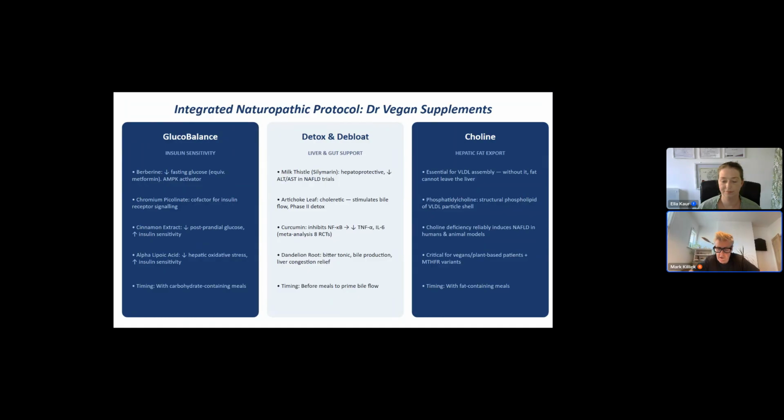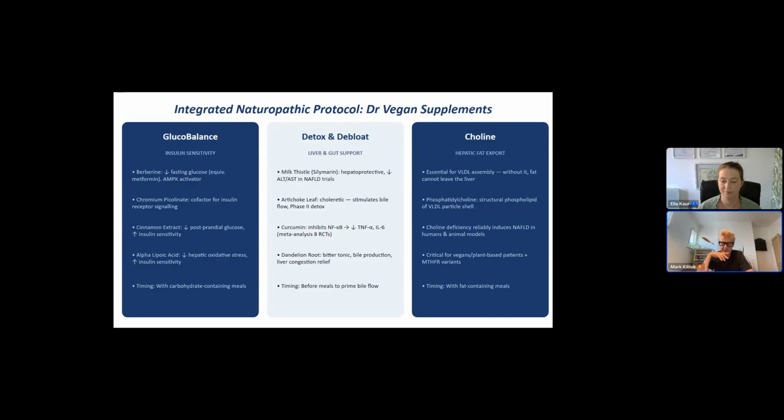So it's glucobalance that targets the root problem, the insulin dysregulation. So everything described today comes back to elevated insulin. So glucobalance works across multiple points in the insulin glucose axis to reduce that signal.